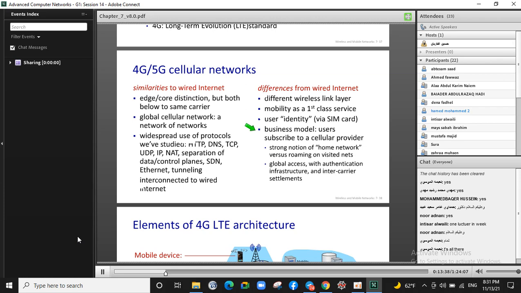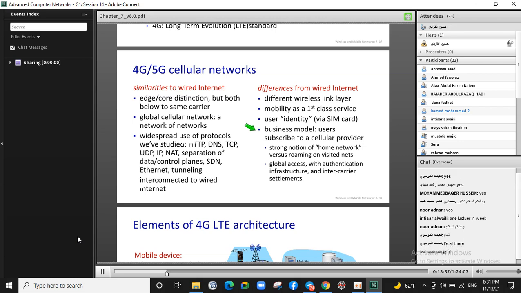The next difference is that the business model is completely different from the business model in a wired network. Why?